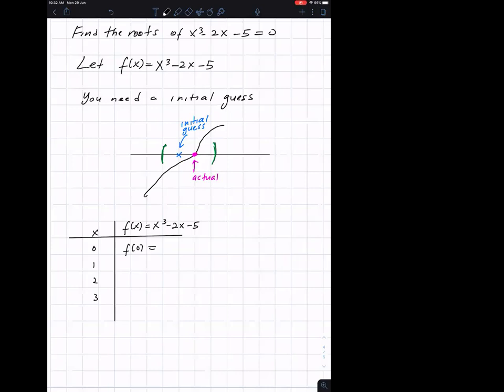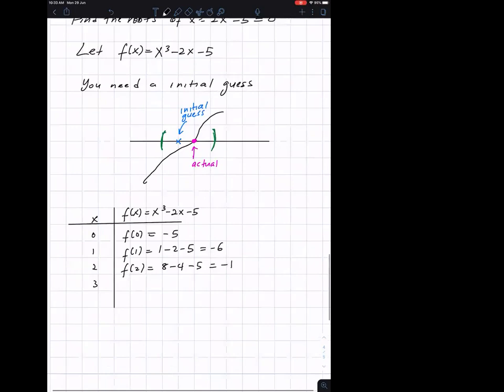F(0) is -5. F(1) is equal to 1 minus 2 minus 5, which is -6. F(2) is 8 minus 4 minus 5, so -1.